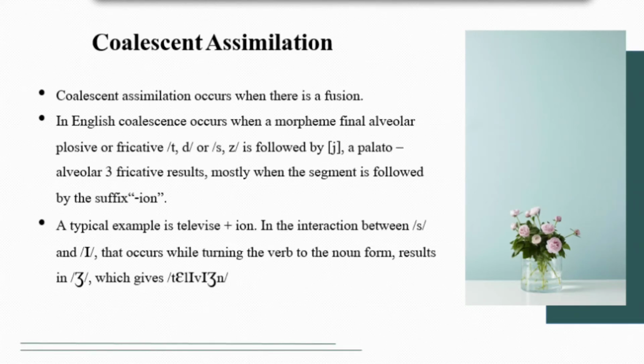A palato-alveolar fricative results, mostly when the segment is followed by the suffix ion. A typical example is television. The interaction between z and y that occurs while turning the verb into the noun form results in zh, which gives television.